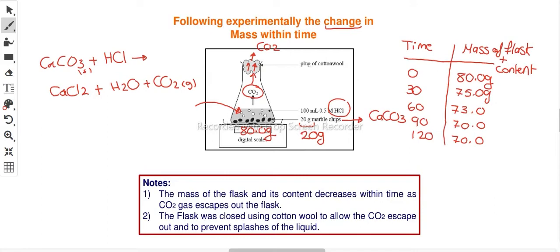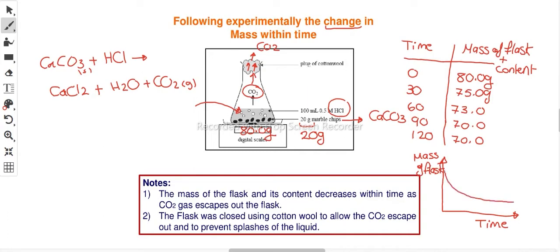So if I'm going to have a graph, of course, the relationship will be between the time, so I have here my time, and I have here the mass of the flask. It's decreasing, so it will start to decrease like this, then it becomes constant.